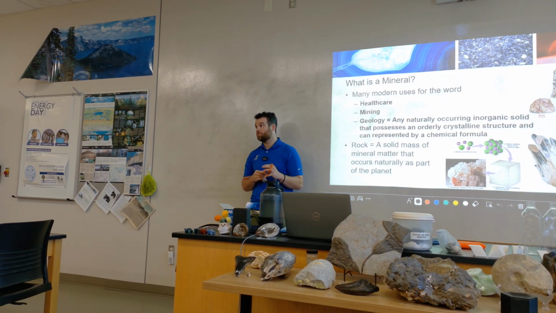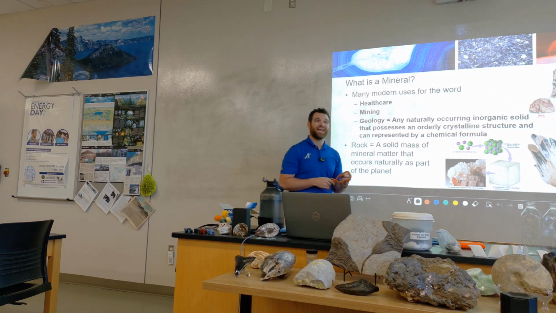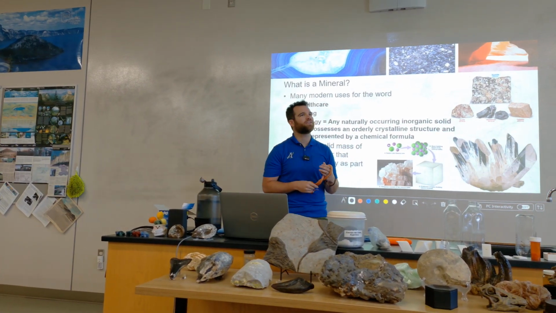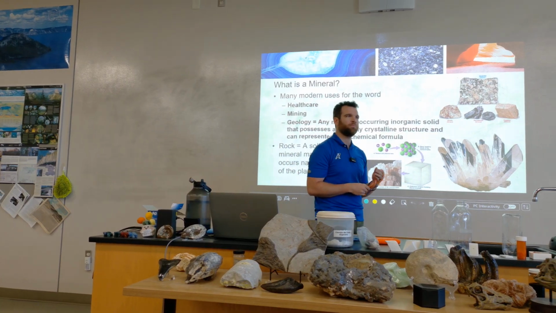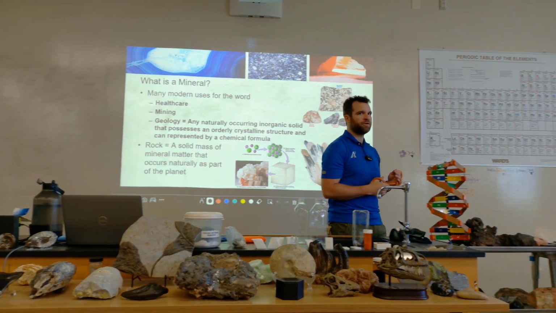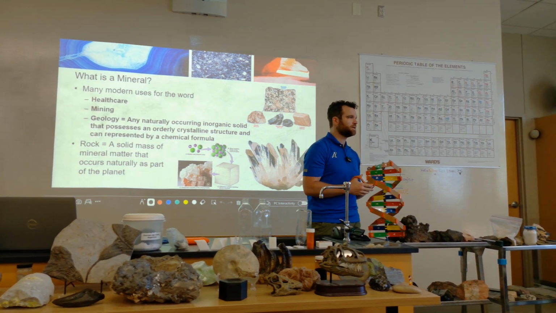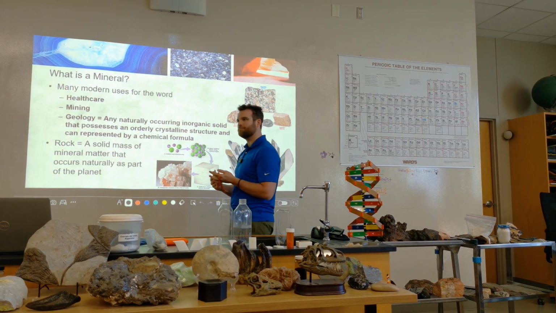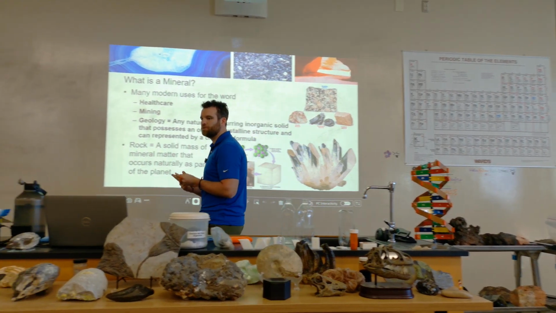We gotta know what it's made of. We gotta be able to communicate what it's made of, and it has to be made out of that thing constantly. This is why we have different minerals, because different minerals will be made out of different atoms, constructed in different bonds to make different crystalline structures. All right? So that is your definition of a mineral.